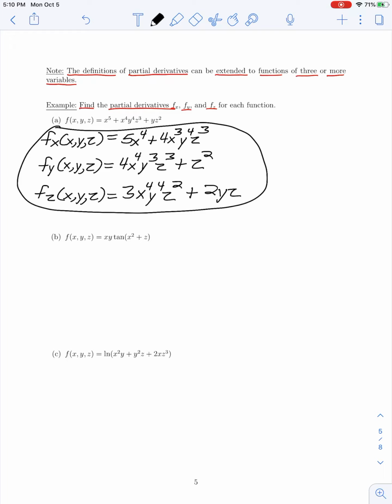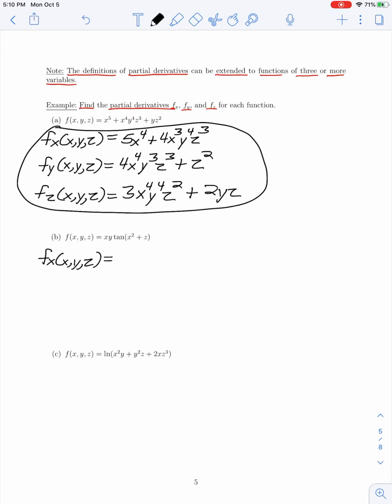Now in part B, we have f of xyz is given by xy times tangent of x squared plus z. So let's start with the partial derivative with respect to x. So I'm going to treat y and z as constants. So I have xy times tangent of x squared plus z.